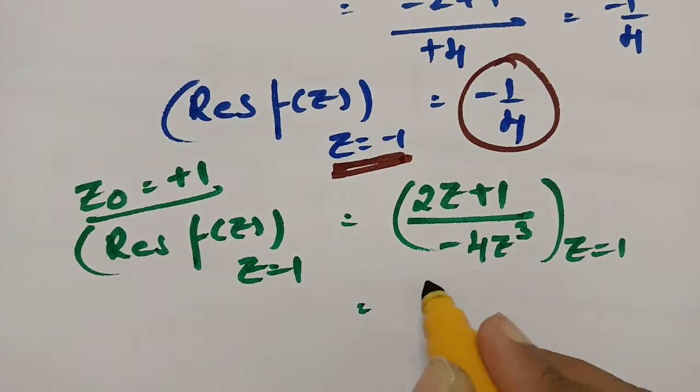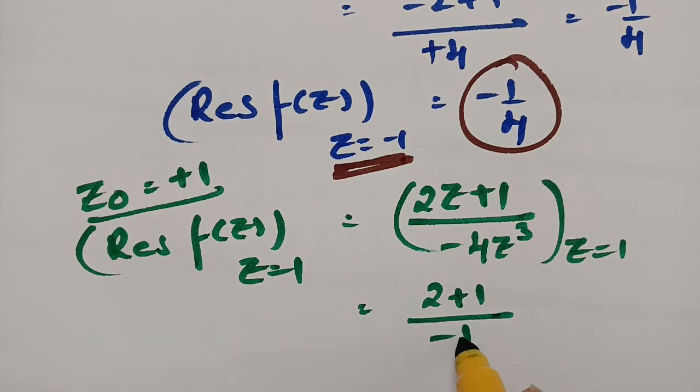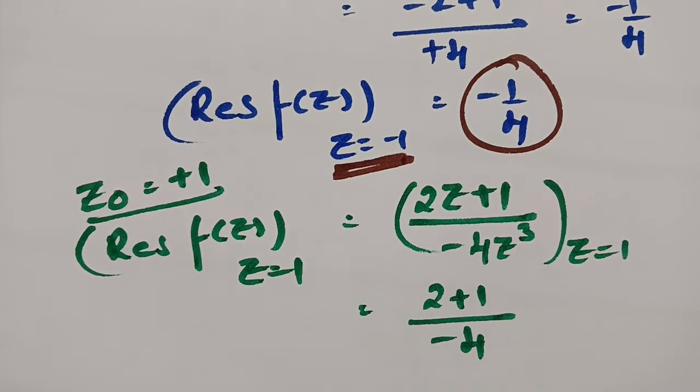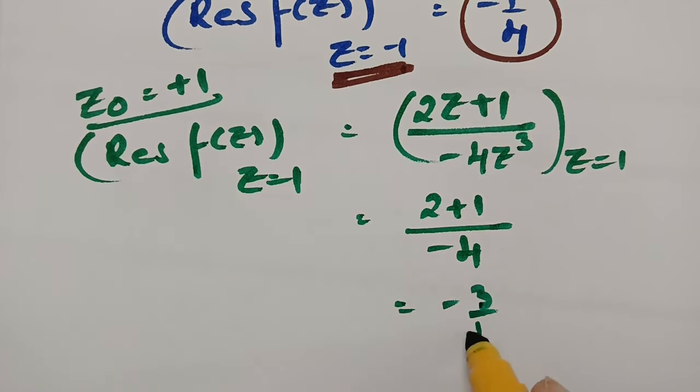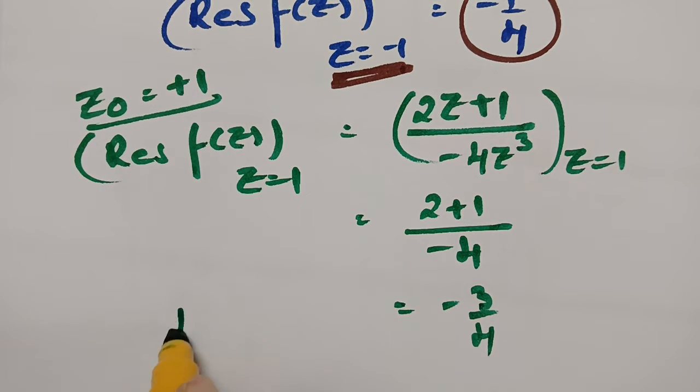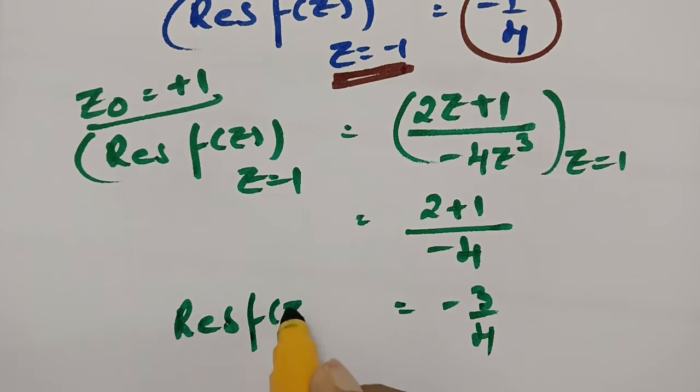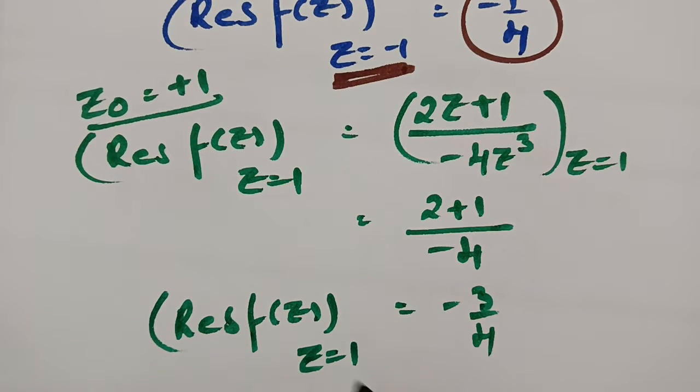So this is (2 + 1)/(-4). As you can see, this is -3/4. This is the residue value of f(z) at the corresponding pole z = 1.